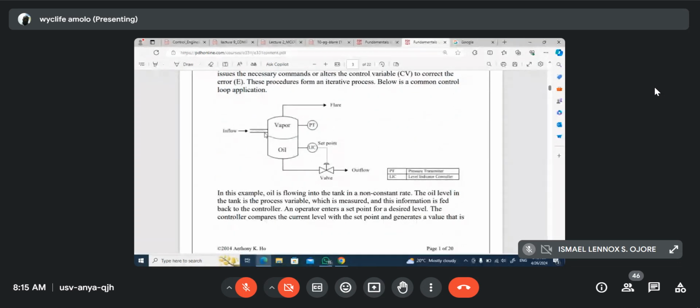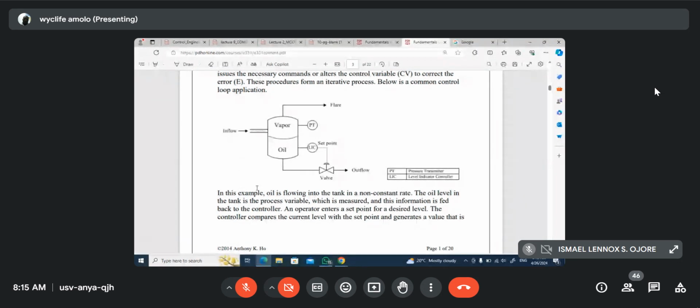So you can have the inflow, and this is a pressure transmitter. The PT is a pressure transmitter, and LIC is a level indicator controller.